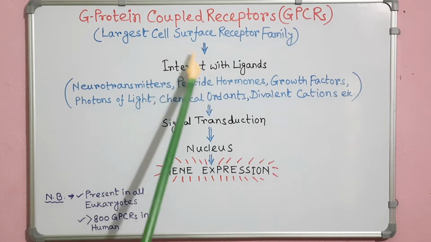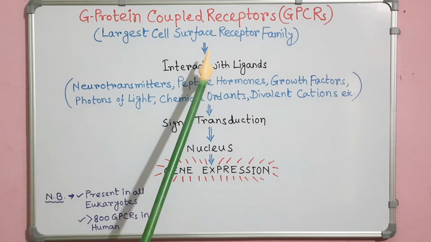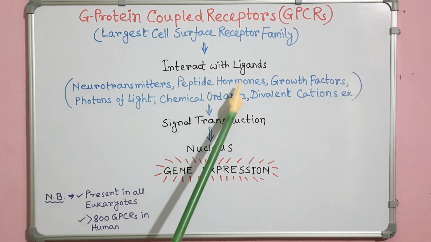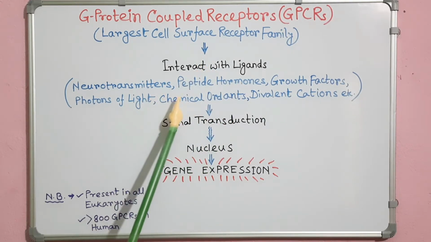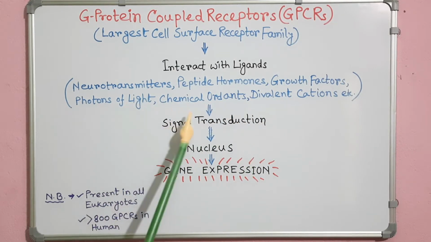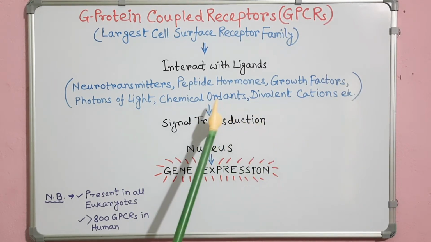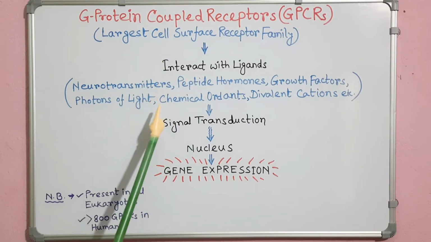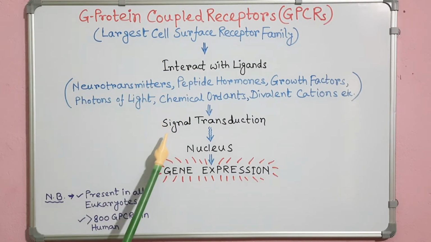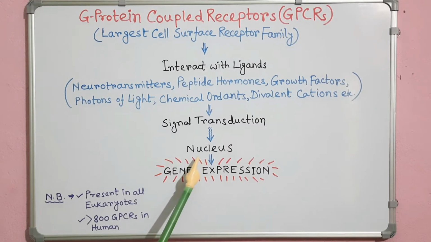These receptors transduce a wide variety of extracellular signals when they interact with ligands such as neurotransmitters, peptide hormones, growth factors, photons of light, chemical odorants, divalent cations, etc. The interaction between GPCR and ligand initiates a chain of intracellular reactions which ultimately reach the target cell nucleus and alter programs of gene expression.